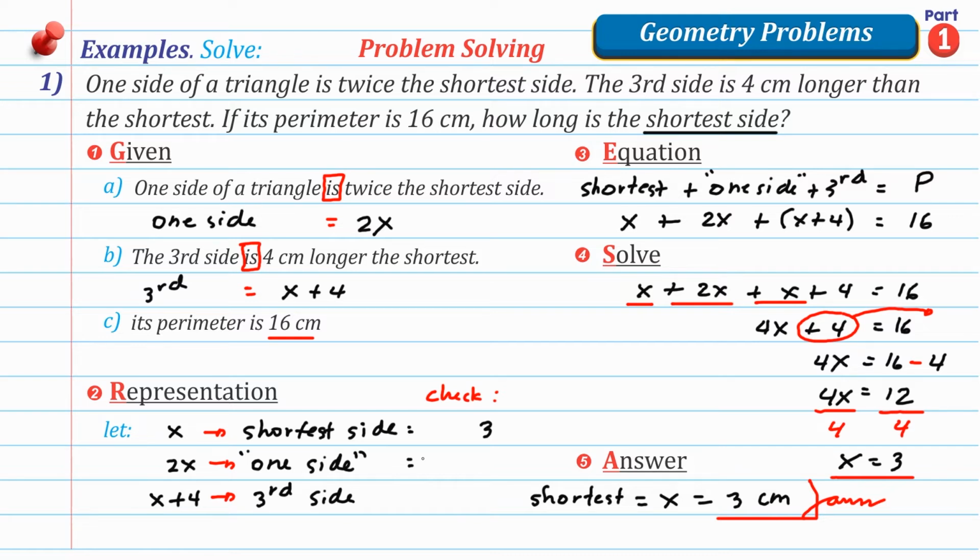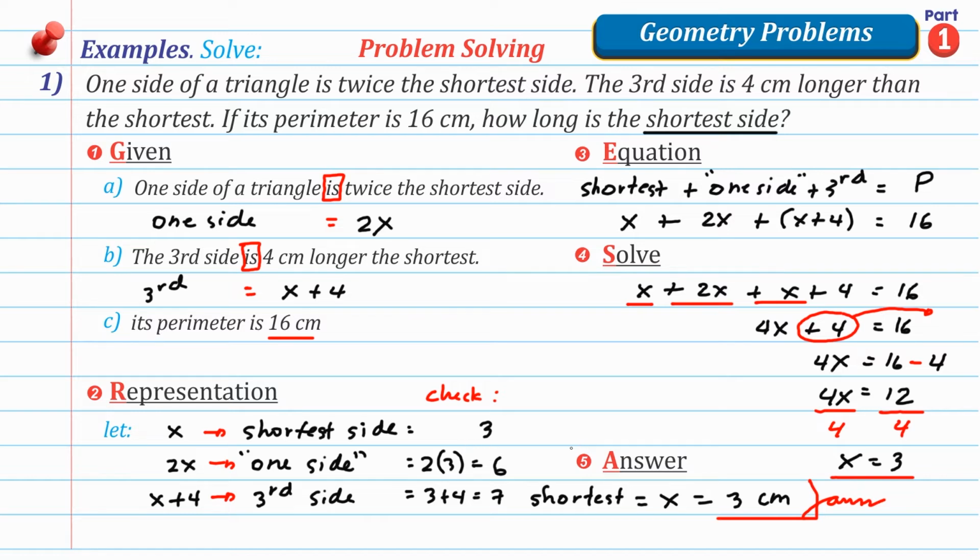What we can do is substitute the variable x in this algebraic expression. x we know is 3, therefore 2 times 3, that will be the length of that one side, which is 6 centimeters. Now, just in case we're asked for the third side, we know it's x plus 4. Therefore, 3 plus 4, it will be 7 centimeters. That's how you get these values, just in case we're looking for them.